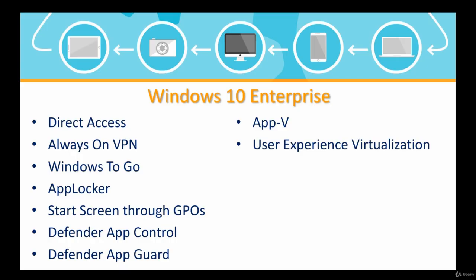You have Windows Defender Application Control. This is sort of what is replacing AppLocker as a newer way to deal with controlling apps that people can install, and you can actually do more with Defender Application Control than you can with AppLocker. You have Application Guard, Windows Defender Application Guard.